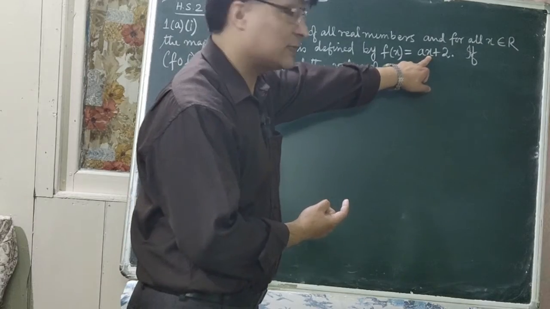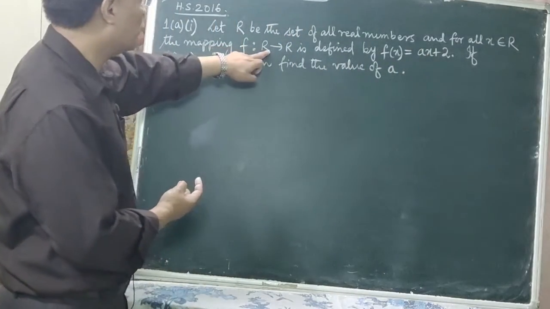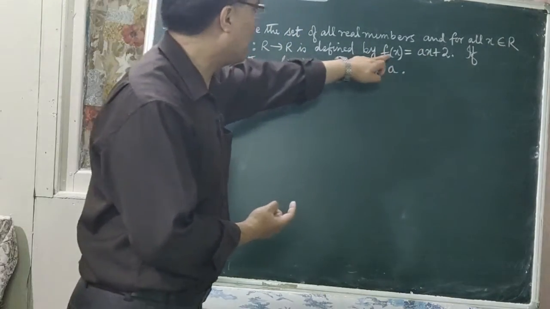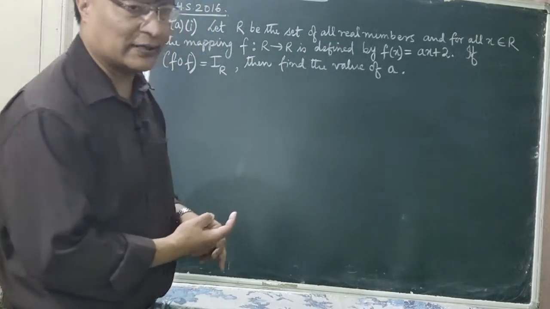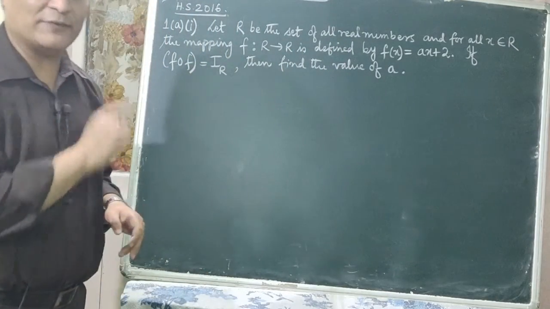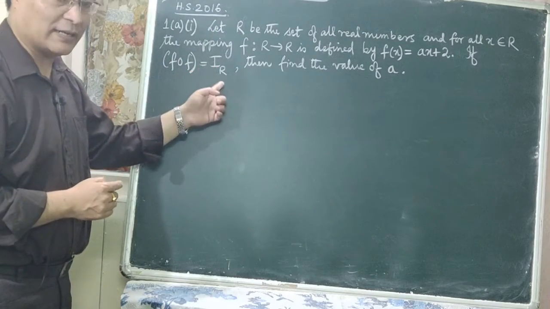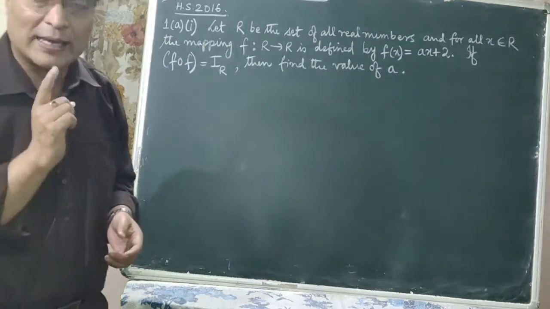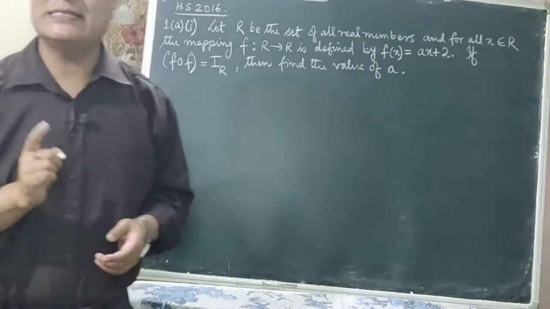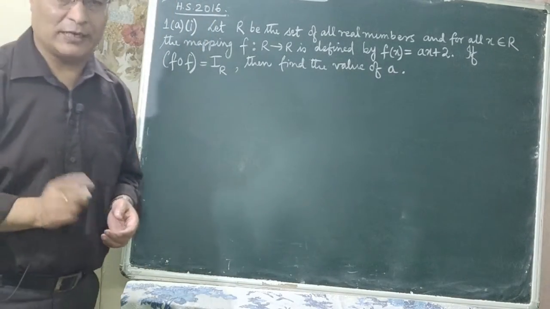Now this x belongs to the domain R, and this f of x belongs to the codomain R, or range of R. Now if f of f is equal to IR, what is IR here? IR is known as the identity function on the set of real numbers.